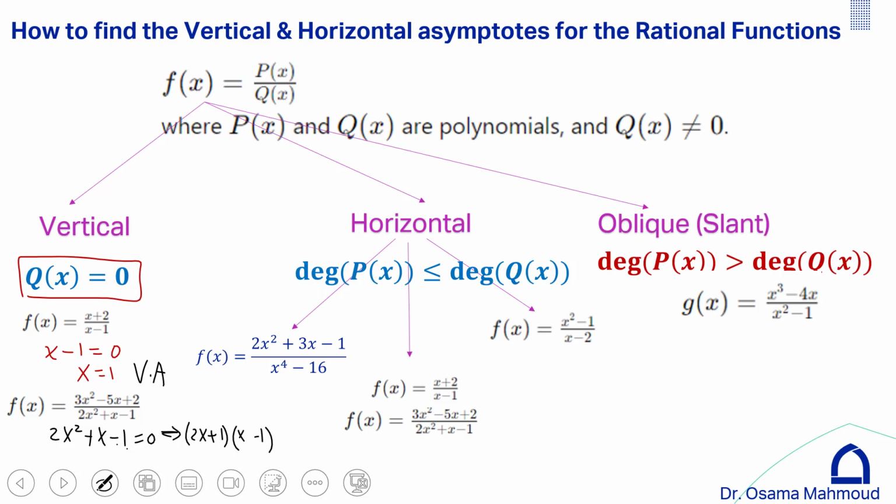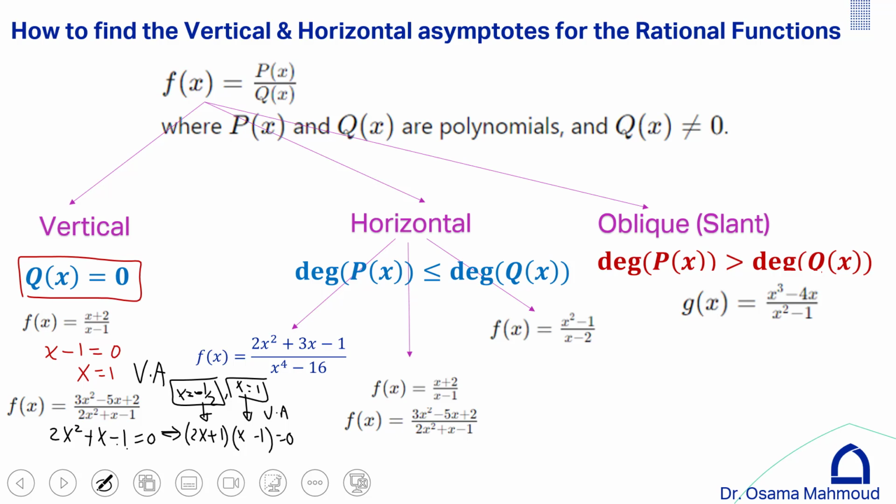So when you have two things multiplied together equal to 0, this one equal to 0 gives you x equal to minus half. And this one equal to 0 gives you x equal to 1. So you have two vertical asymptotes, x equal to minus half and x equal to 1.